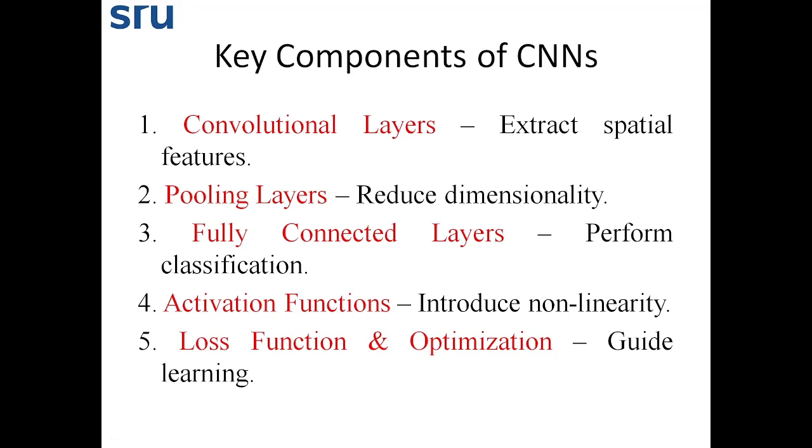This is used to solve complex problems, or we can say complex real problems that we use the model to solve. Then we have the loss function and optimization. It is used to guide learning.